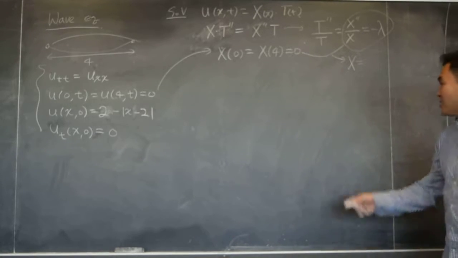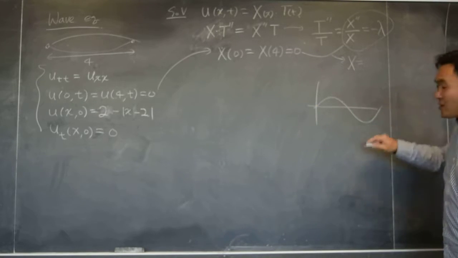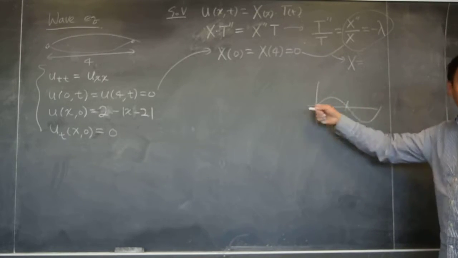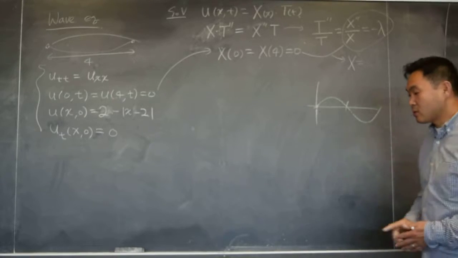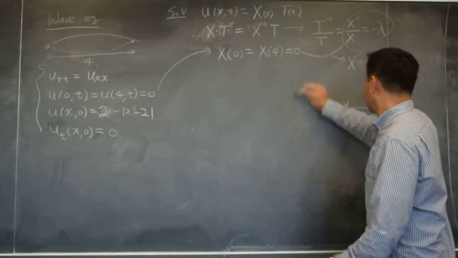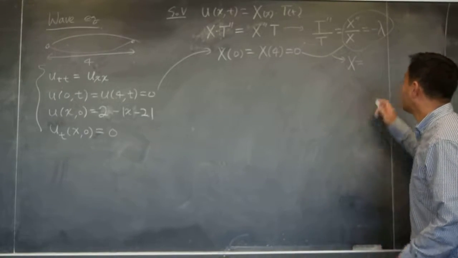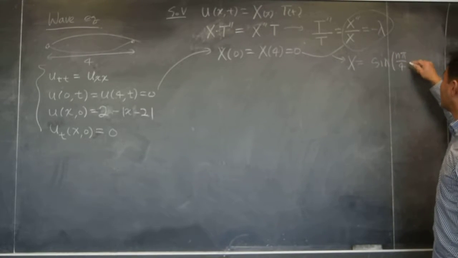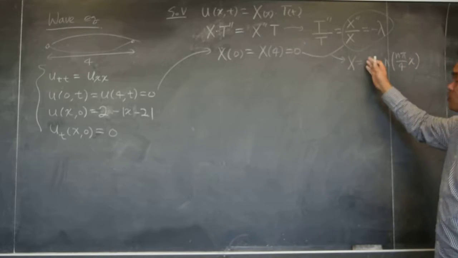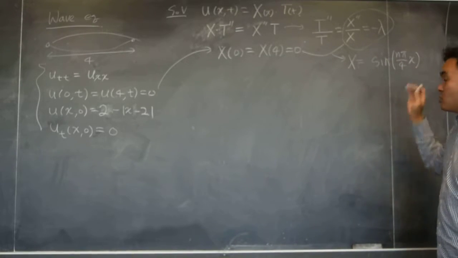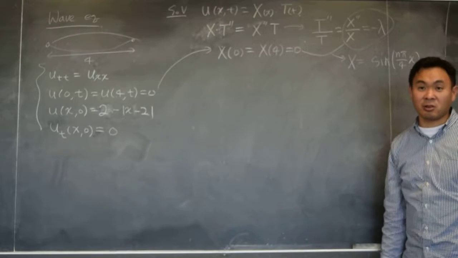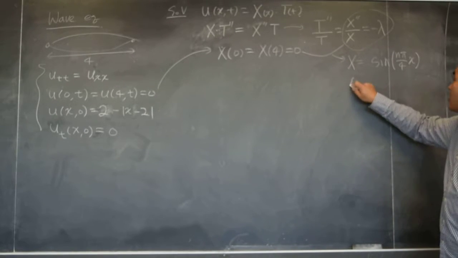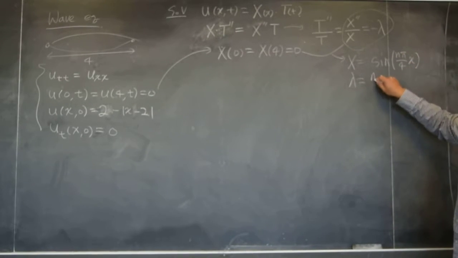Sine. The graph of the sine is like that, right? So at the endpoints it is 0 and 0. The solutions will become sine of n pi x over 4. Of course, there's some constant times this, but we ignore the constant because we're going to multiply the constant later anyways. And then lambda is the second derivative.